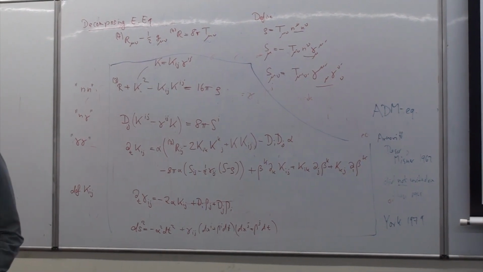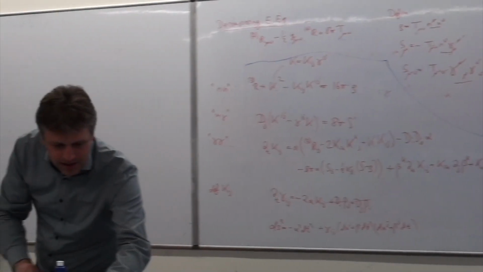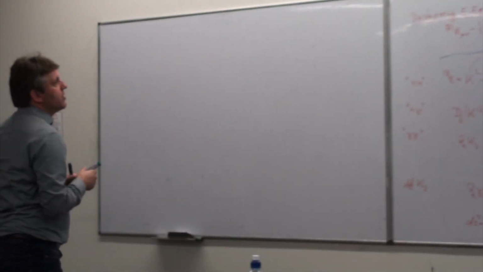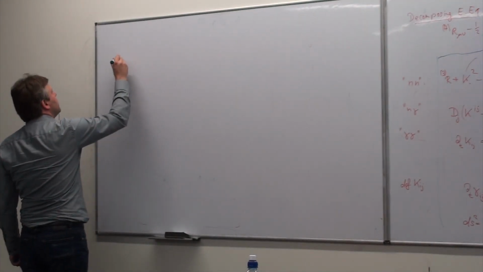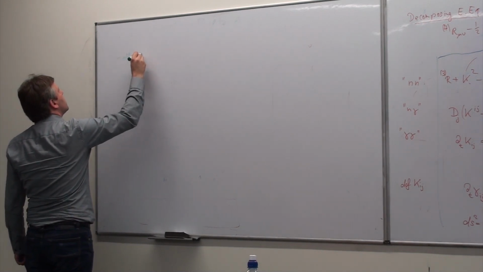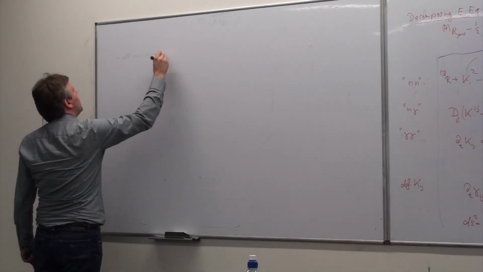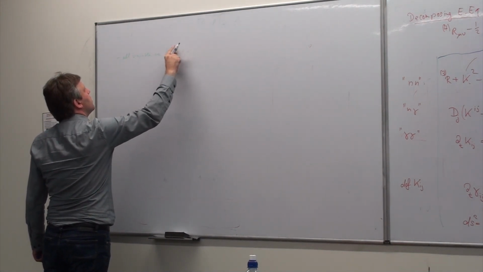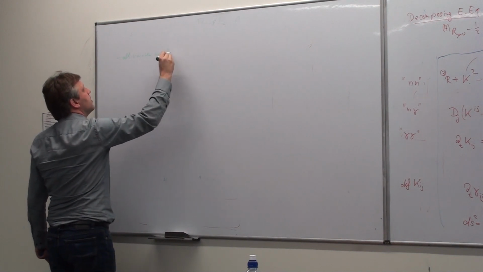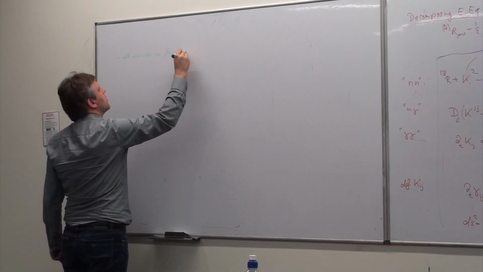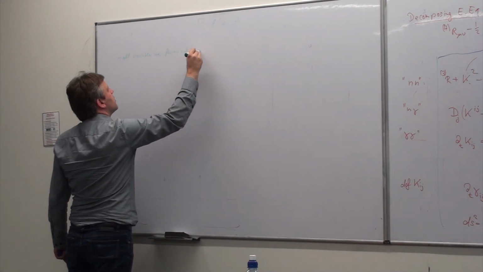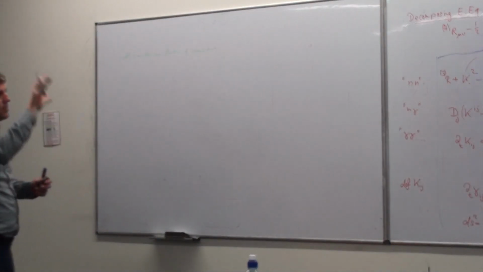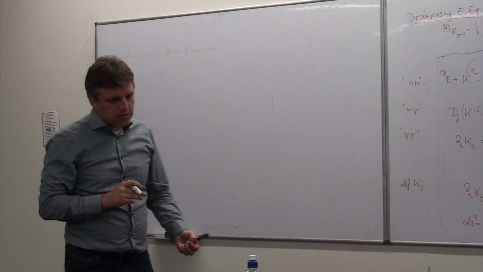Now, what do we have? Let's discuss things. Let me first remind you that on this blackboard, all variables are functions of space and time. Everything is dependent on space and time.